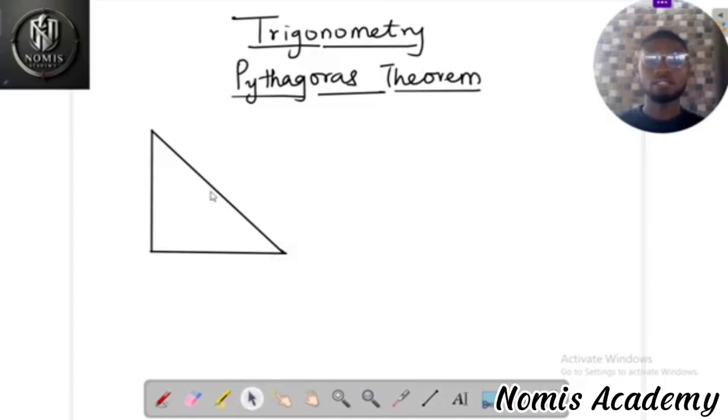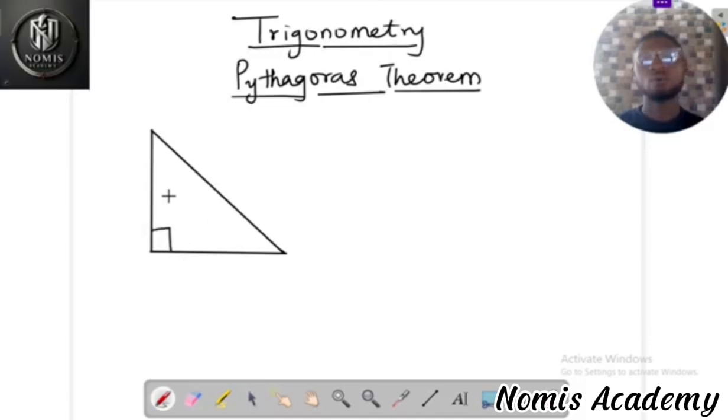Now look at it. This is a right angled triangle. So why did I call it a right angled triangle? A right angled triangle is a triangle that has 90 degrees as an angle. And of course, this is 90 degrees.